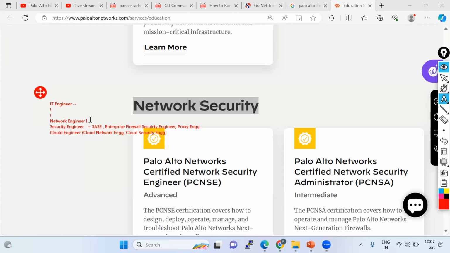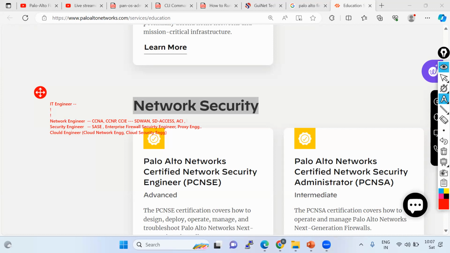What is a network engineer? Let's suppose you have done CCNA, CCNP, CCIE. These are all part of the network. In this also there are SD-WAN, SD-Access, and ACI, which are advanced for a network engineer.